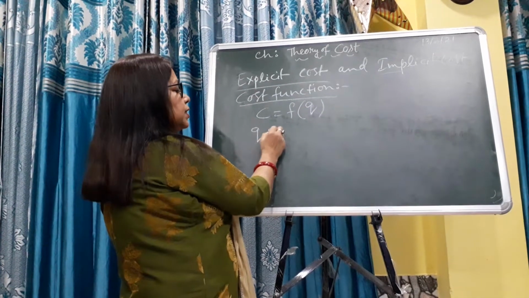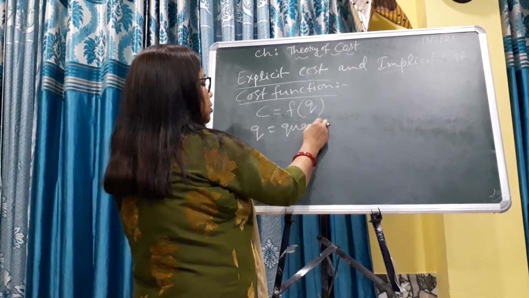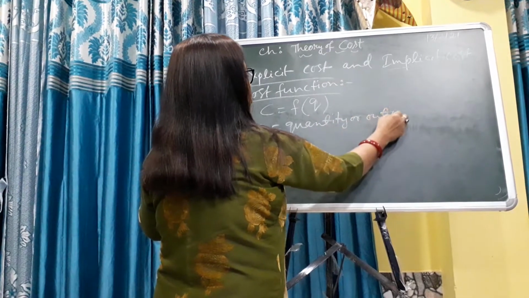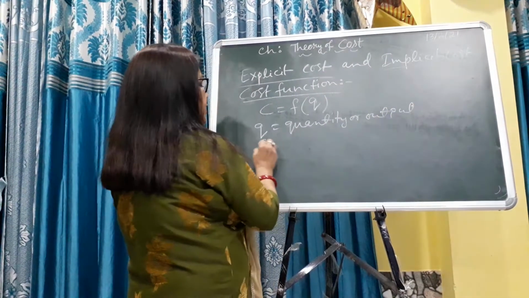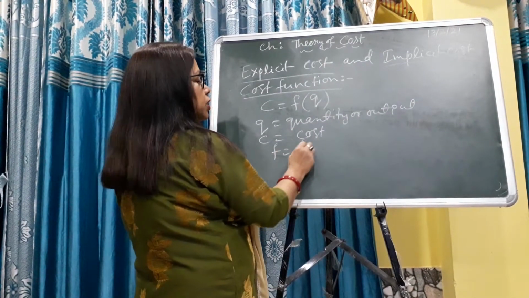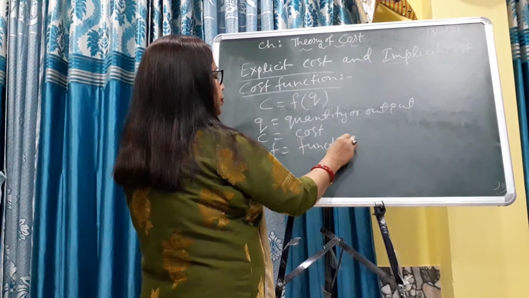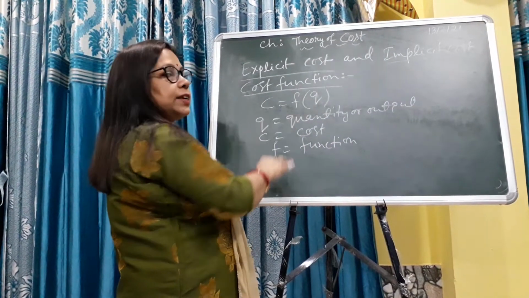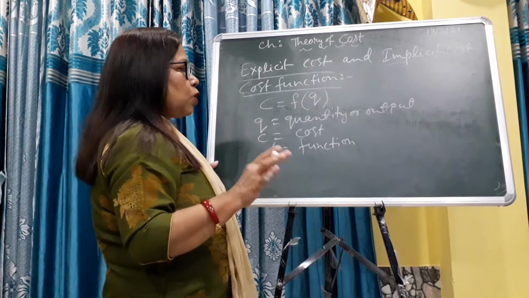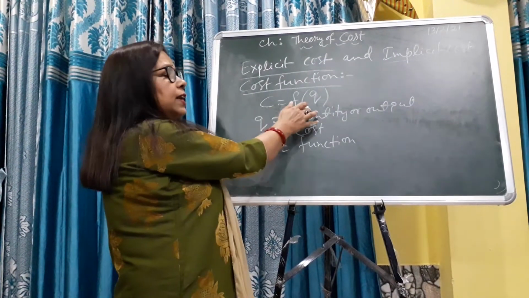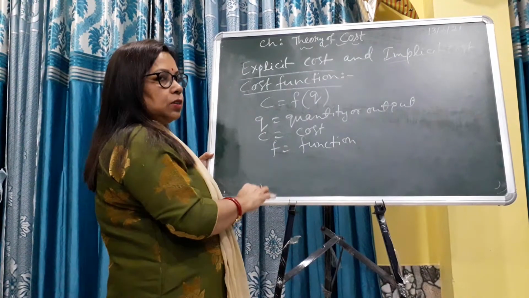Q means quantity or output, C means cost, and f means function. So cost is a function of output. This is known as the cost function.